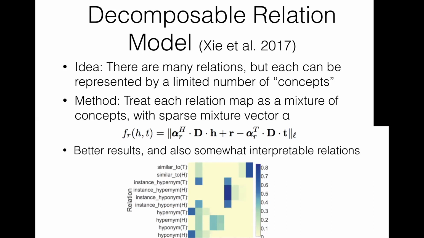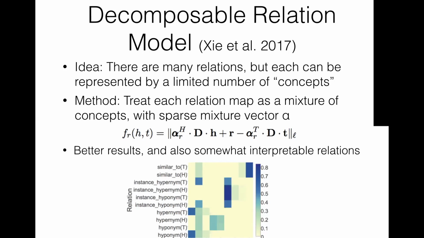Basically, what relation comes into play is that those concept matrices are linearly interpolated according to the attention vector that is dependent on the relation. So for some relations, maybe the concept zero weight matrix is used more heavily, while for another relation, maybe the final concept matrix is given higher weight.